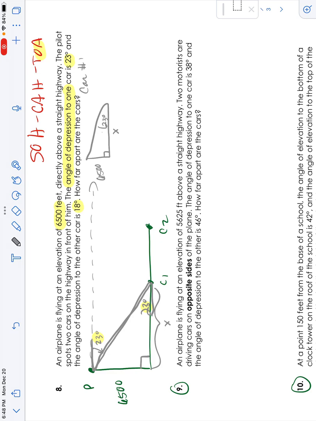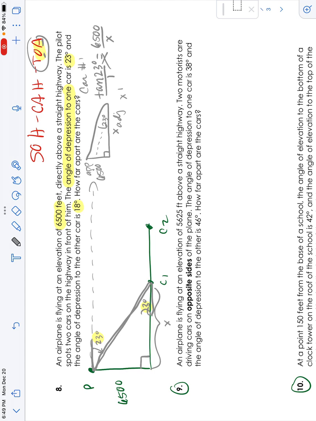Here's my 23, so that makes this the opposite. This is adjacent. So with opposite and adjacent, I'm going to be using tangent, regular old tangent, because I'm finding a side, not an angle. So the tangent of my angle equals the opposite side over the adjacent, and then I can cross multiply.